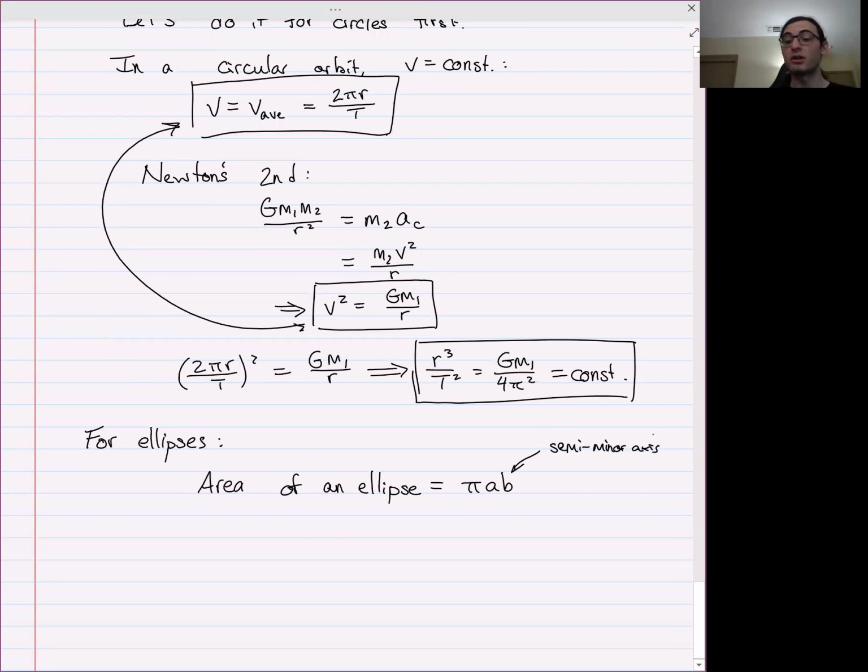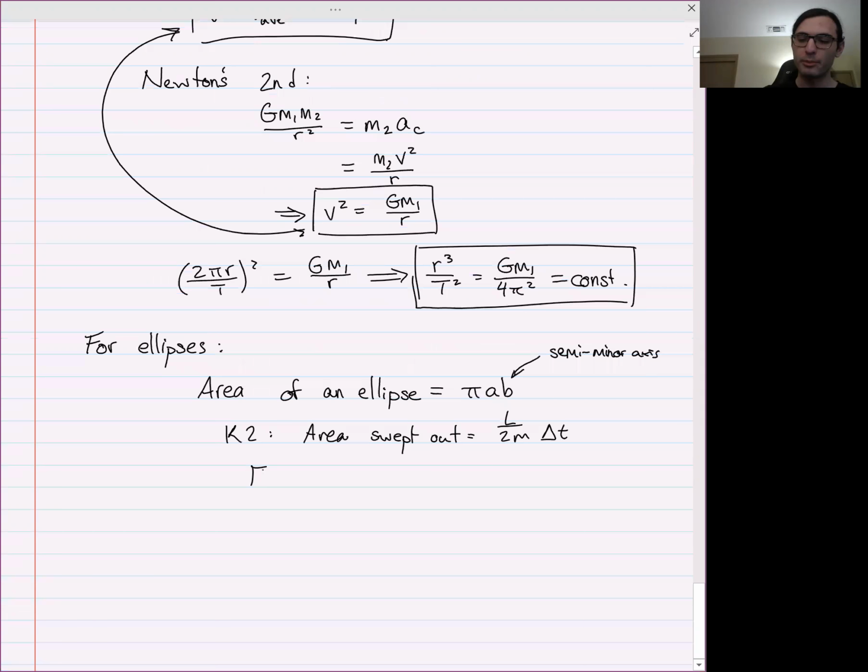So Kepler's second law would tell us that the area swept out is equal to L divided by 2m times delta t. This is just that if you sweep out a full orbit, this tells us the area of that orbit as it relates to the duration that it takes.